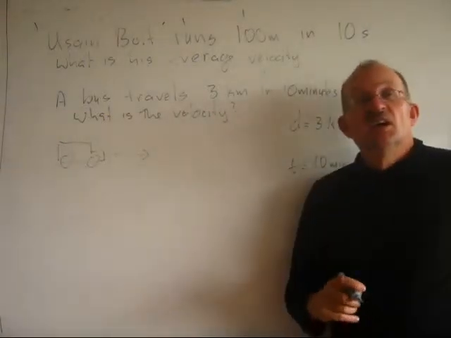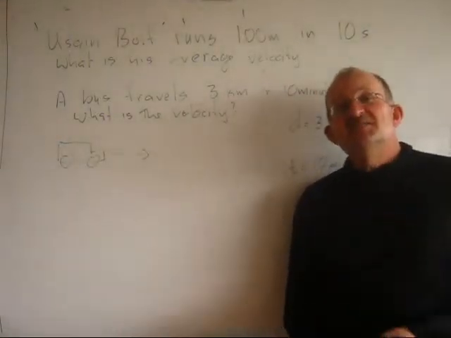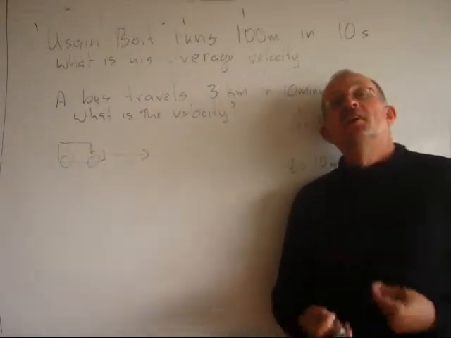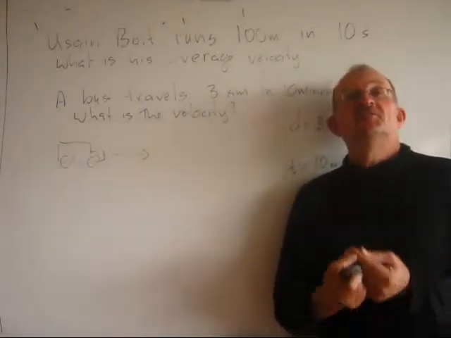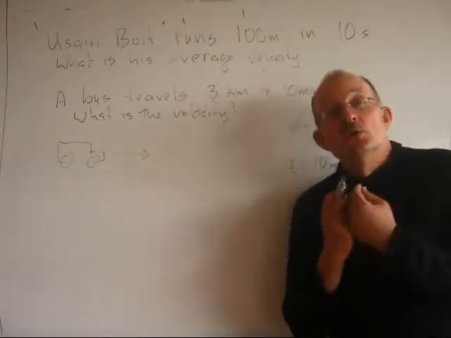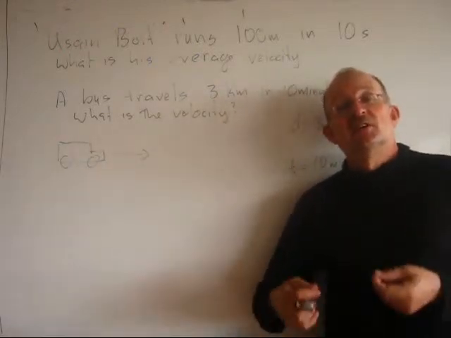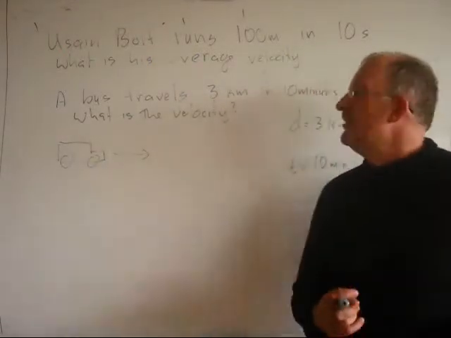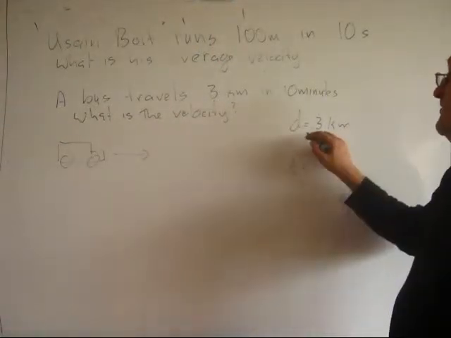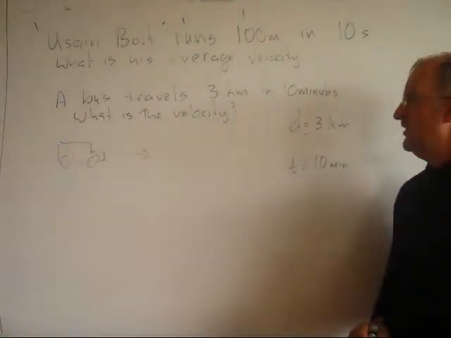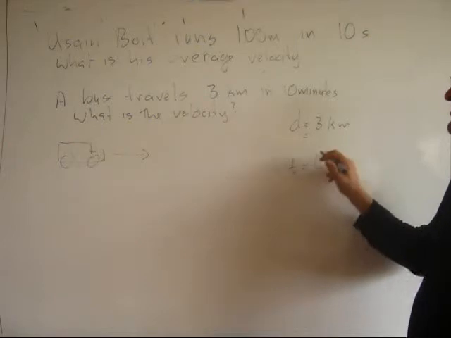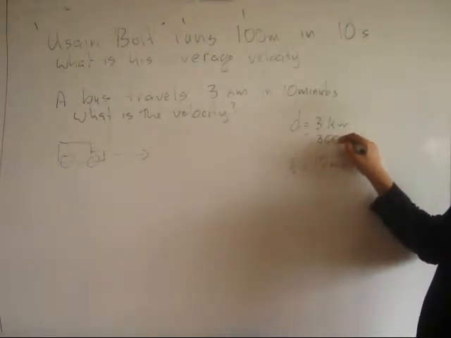An important thing here: if in doubt, always go back to the base units. So always go back to metres and kilograms and seconds and Kelvin. So let's convert this into base units. D is equal to 3,000 metres.